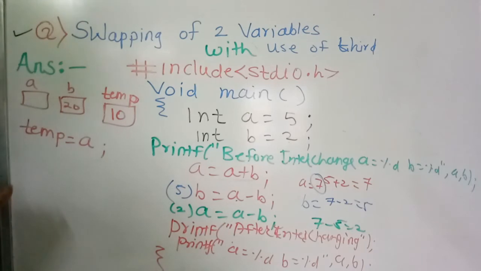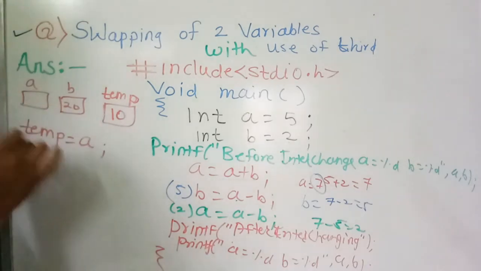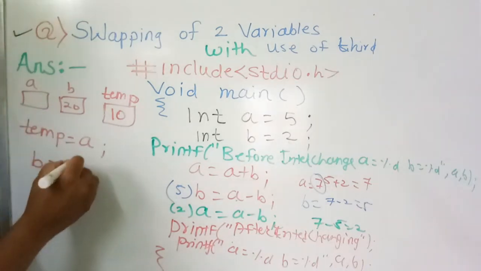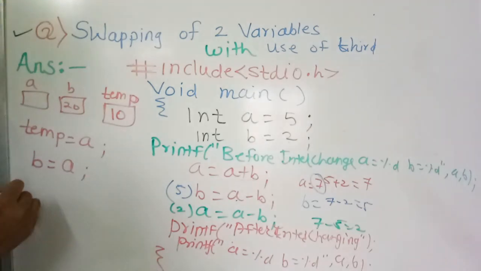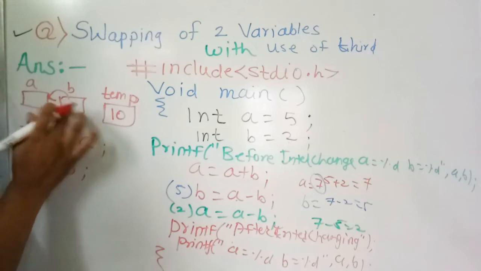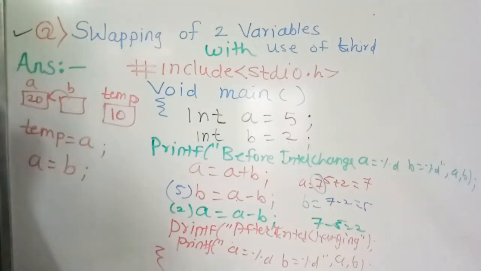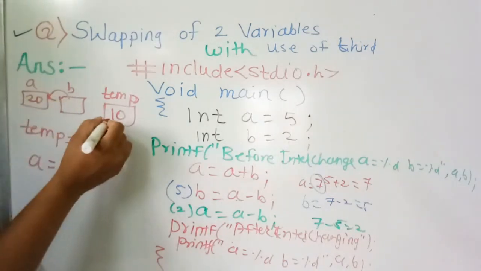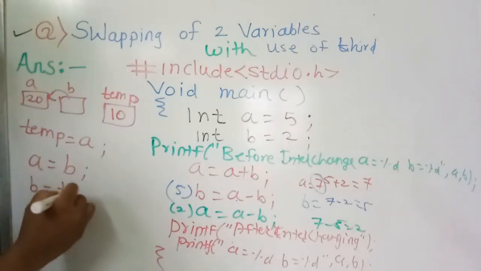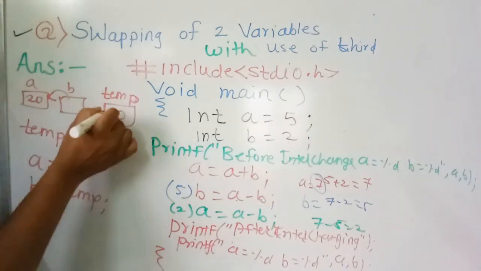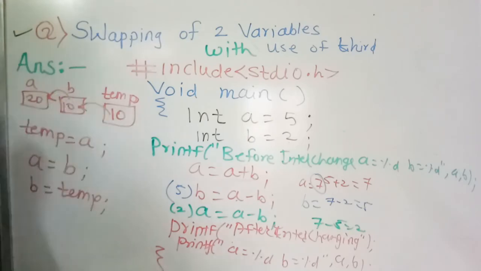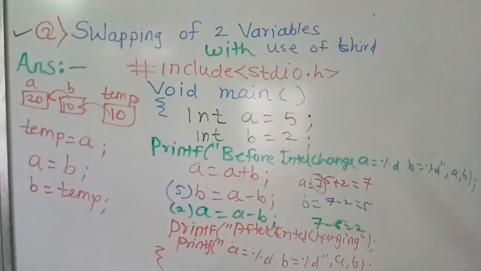Now we will apply the action A equals to B. Now this B is shifted to A. Now here 20 is transferred, and now we will apply B equals to temp, that is 10. Now this temporary value will be shifted to B, meaning A becomes B and B becomes A.